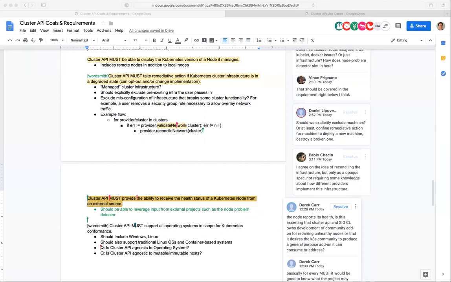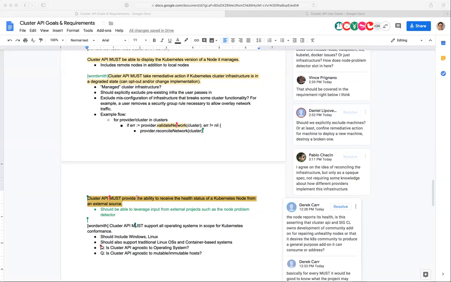And I would like to be able to build an add-on to handle node repair in Kube, independent of or not necessarily tied to this particular project, right?